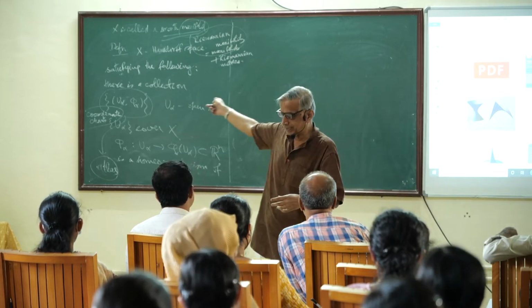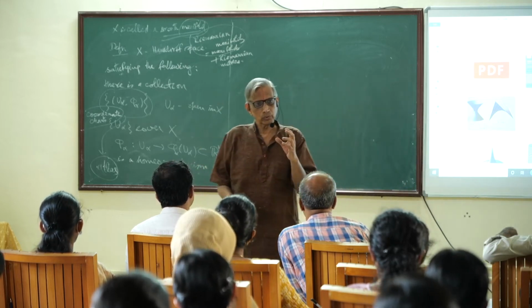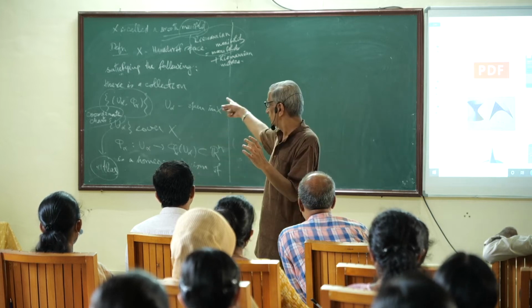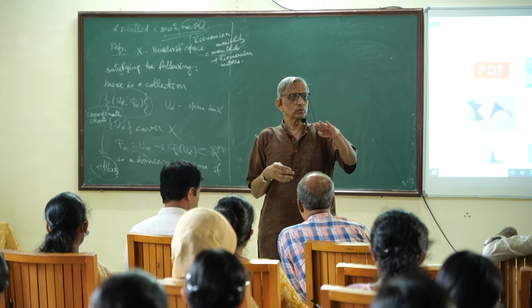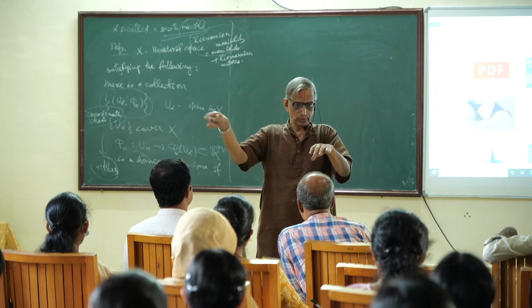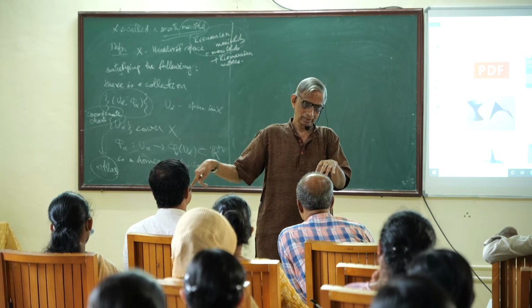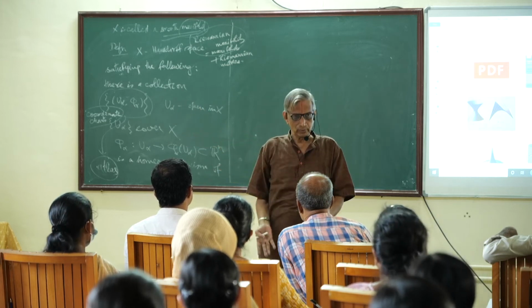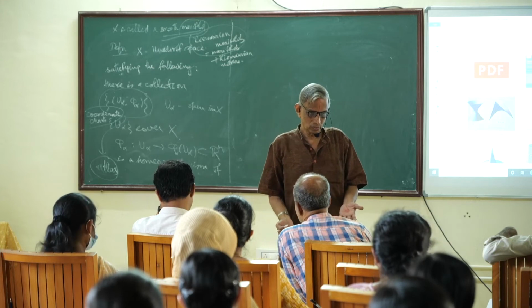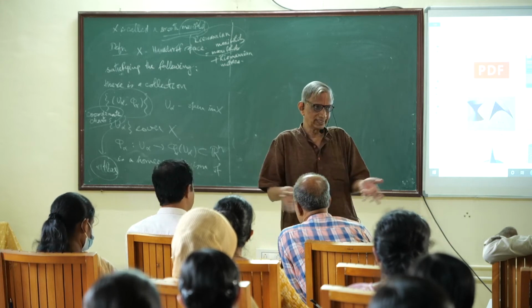So in the abstract setting, you start with the space and you are trying to give coordinates to points on the space. But now we are going to be in the Euclidean setting, so we already have coordinates here.